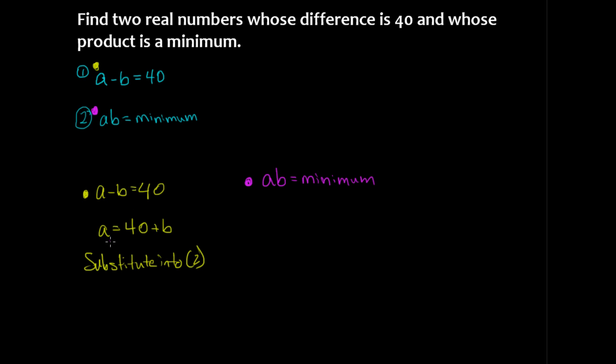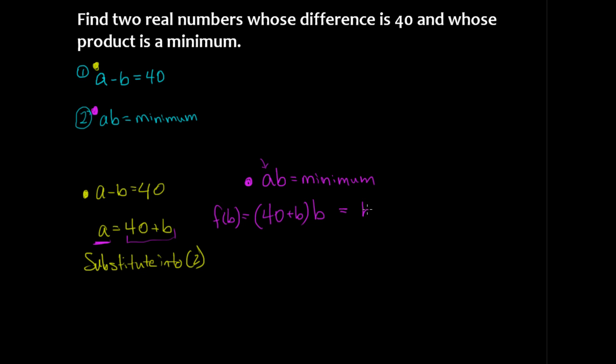Well, we have solved for a, so we're going to plug that value in for a here, which is 40 plus b. Now we have to multiply that by b, and I will now call this f of b, the function of one of the real numbers, which is directly related to the other real number, so it's wonderful.